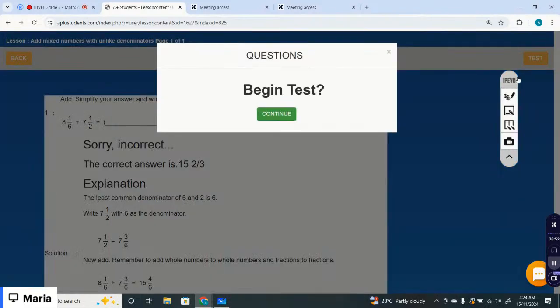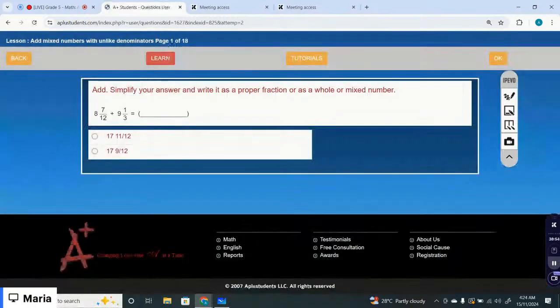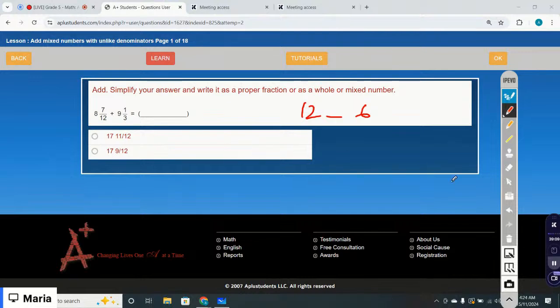Let's just start with the test questions. 8 whole 7 over 12 plus 9 whole 1 over 3. The first thing you have to do is make the denominator same, right? Just multiply the fractional part by 4 because 3 times 4 is 12. 8 whole 7 over 12 plus 9, that is 1 times 4 over 3 times 4.